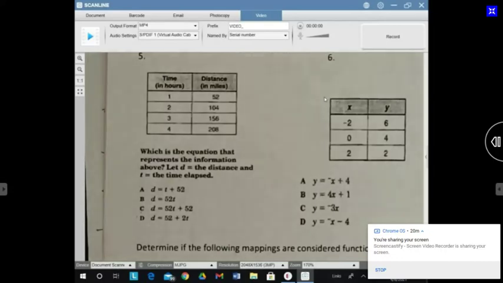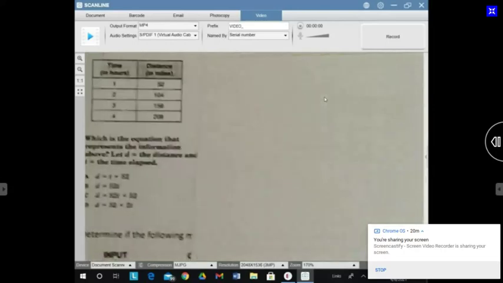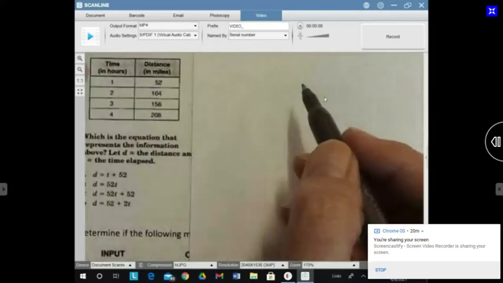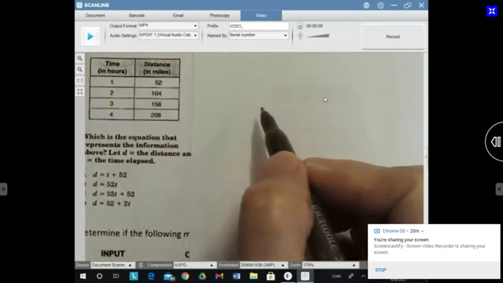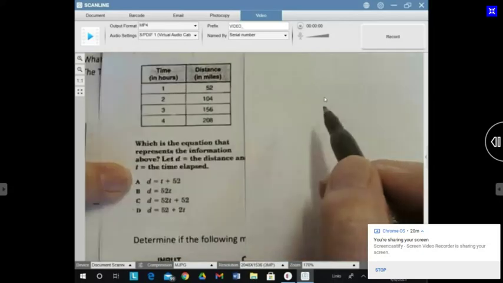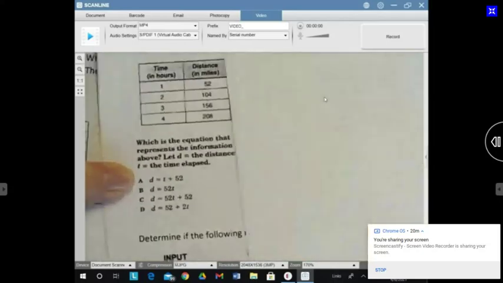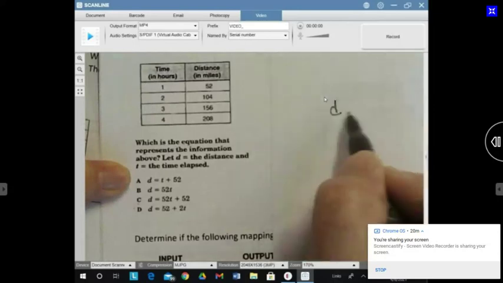So if I'm looking at 1 and 52, and I look at my first equation here, D equals T plus 52.